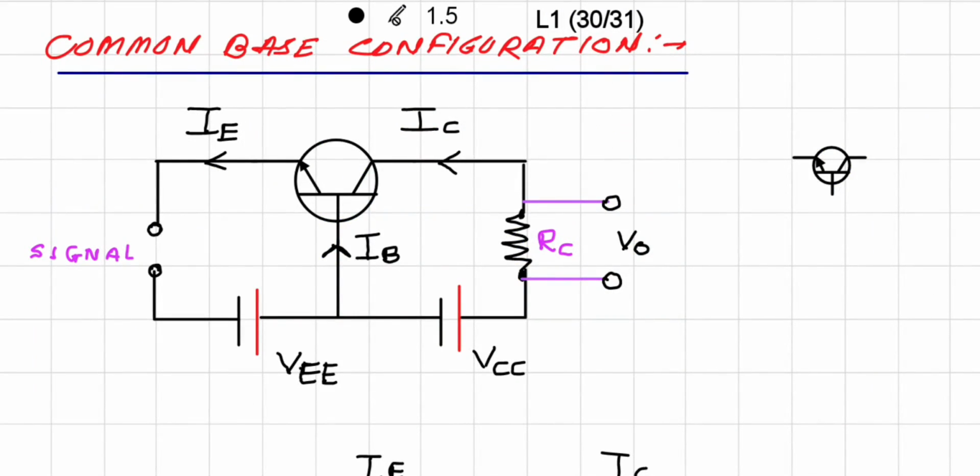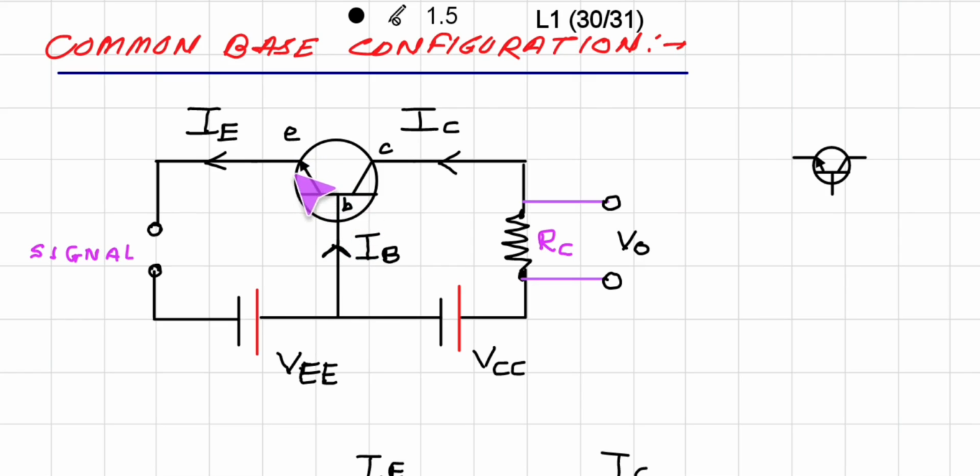Now we are going to see the common base configuration. We know that the arrow indicates the emitter, this is the collector and this region is the base. Here, the base is connected to the emitter and also to the collector. For understanding, remember that the emitter base junction must be forward biased.